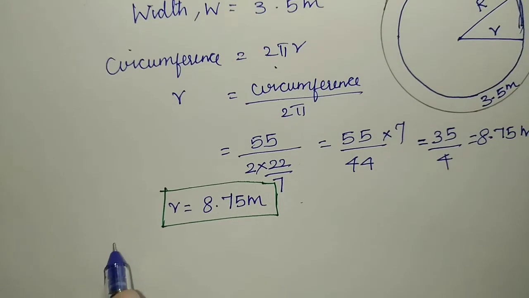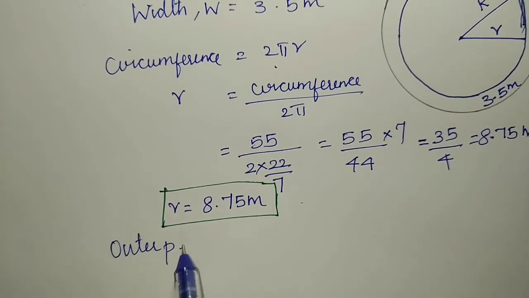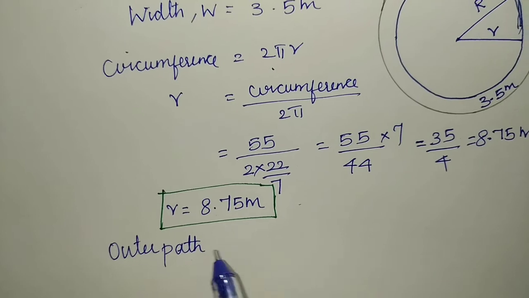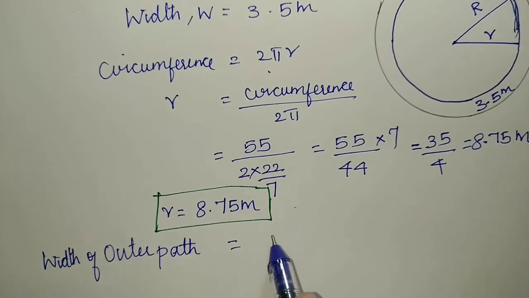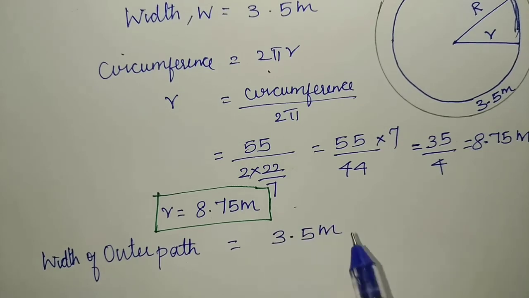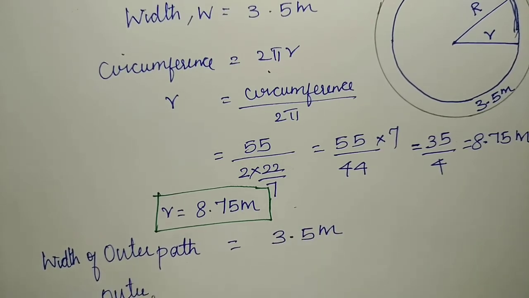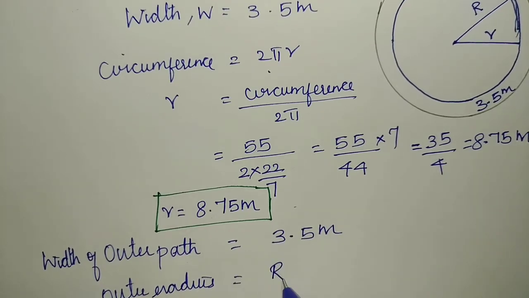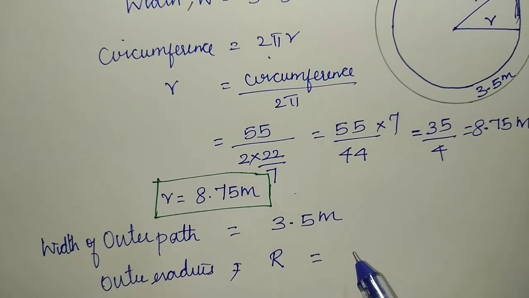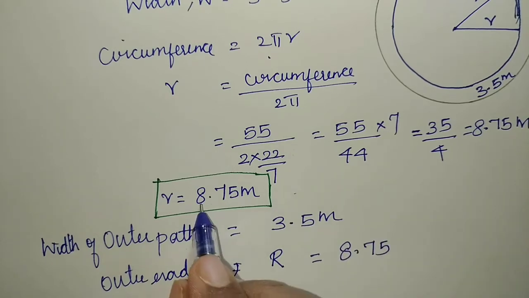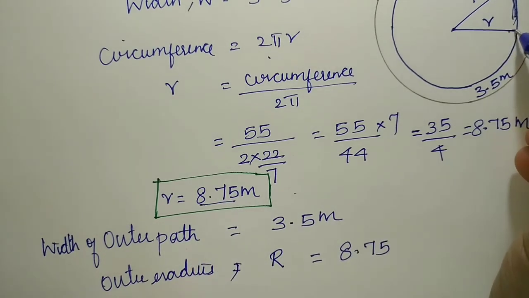What is the outer path? The width of the outer path is 3.5 meter. What is the outer radius? Outer radius is capital R. So how to find capital R? 8.75, this radius, plus the width, this distance.